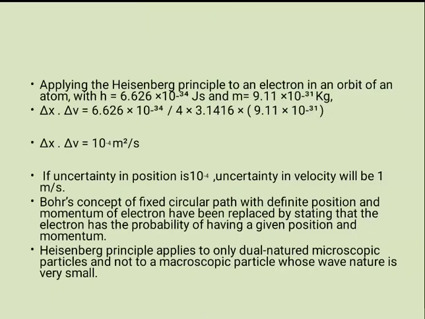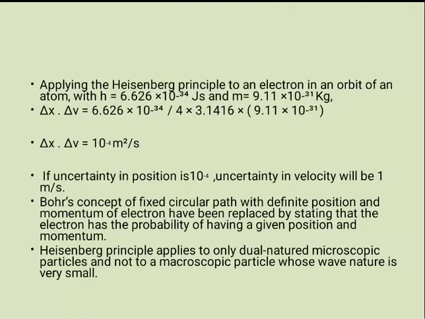Now let us apply Heisenberg's uncertainty principle to an electron in an orbit of an atom, with h equal to 6.626 into 10 to the power minus 34 joule second and m, the mass of the electron, equal to 9.11 into 10 to the power minus 31 kilogram.